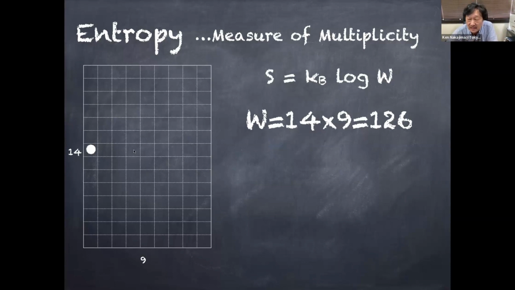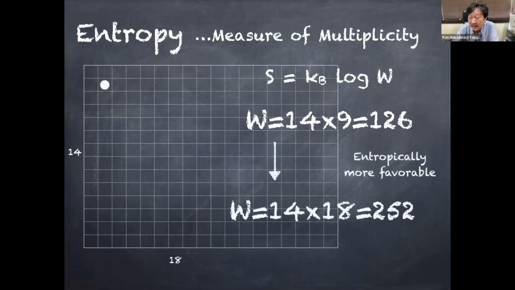Which in turn means the molecule can be found anywhere with equal probability. So this means the number of microstates for this single small molecule is 126.